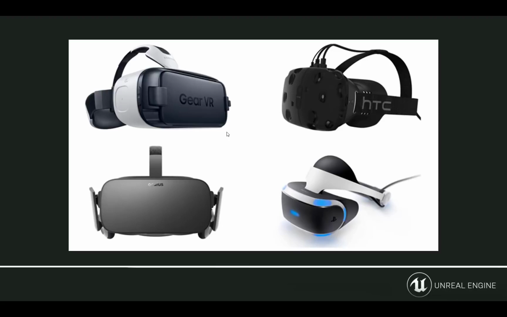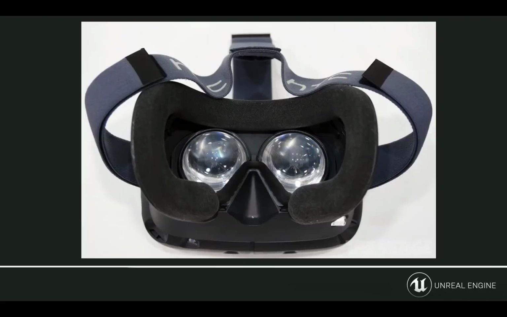These headsets work effectively by giving us one image per eye, giving us the illusion of something in 3D, in stereo. So we get this sense of distance, this sense of the real world, of almost something physical.